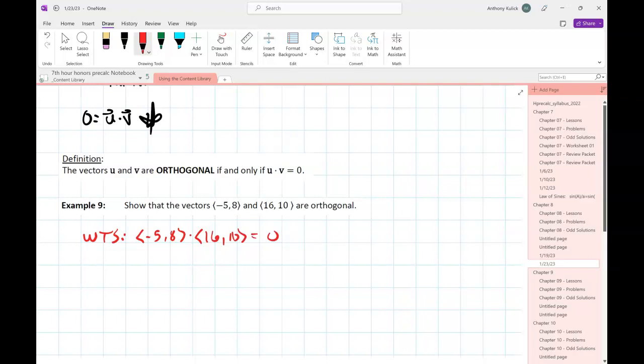Okay, well, easy enough to do that. The dot product would be -5 times 16 plus 8 times 10. That's -80 plus 80. So I do get 0. That's it.